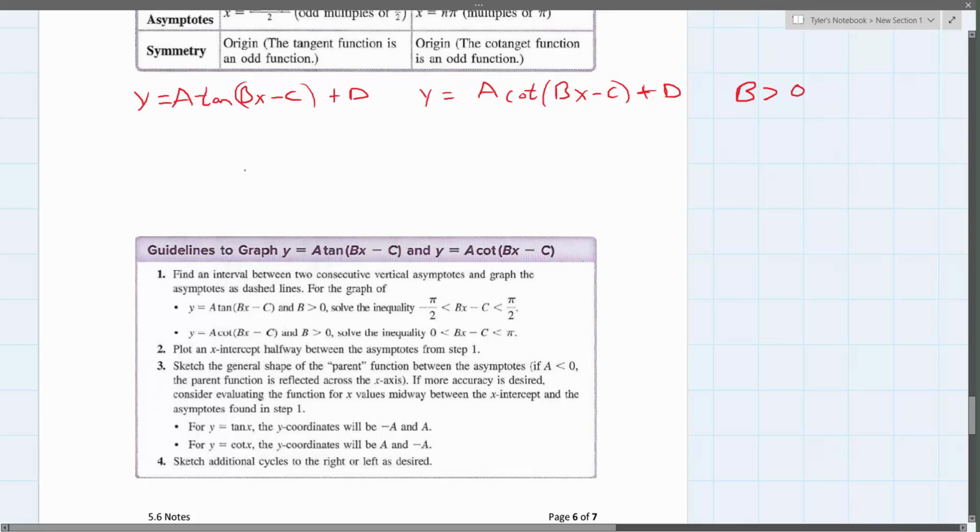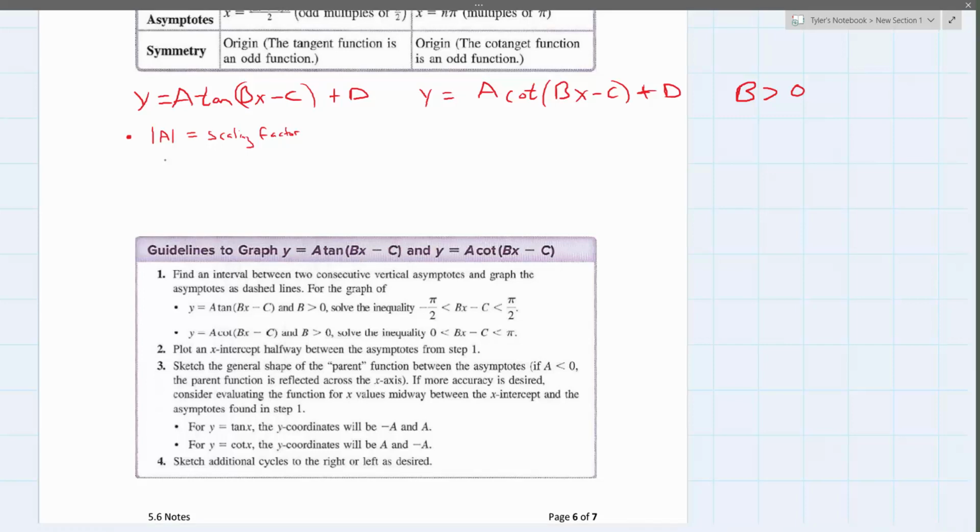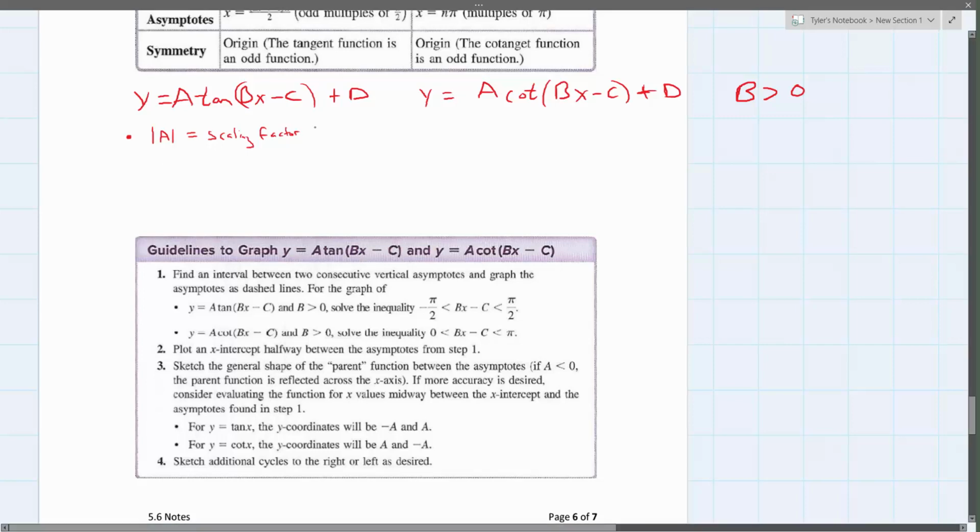Right. So, just some notes: the absolute value of a is going to equal the scaling factor. So we don't have an amplitude here, but this is going to cause the graph to stretch or shrink vertically, right? So we have this vertical scaling factor. So let me just make a note.